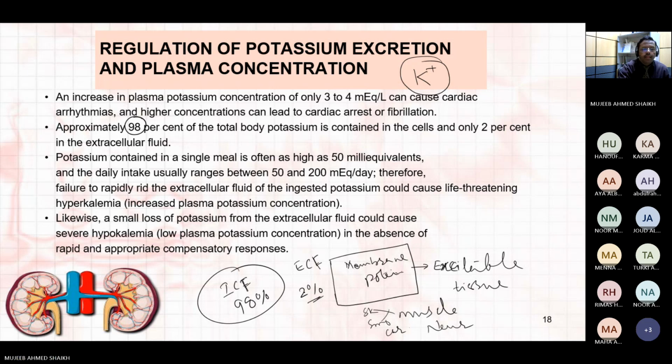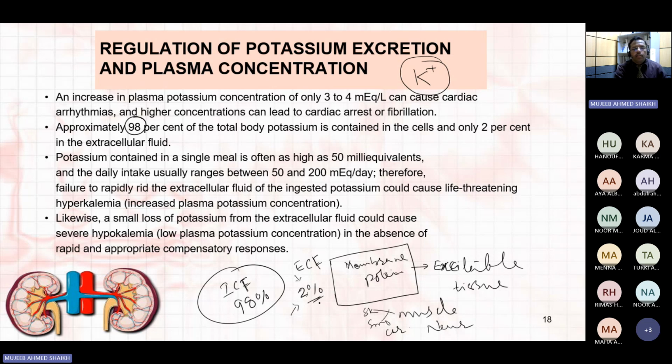Whenever we are eating or drinking any drink, it contains maybe potassium. So this potassium will be added to the 2%. Whenever we are eating and drinking, it will be added to the plasma, which is extracellular fluid.